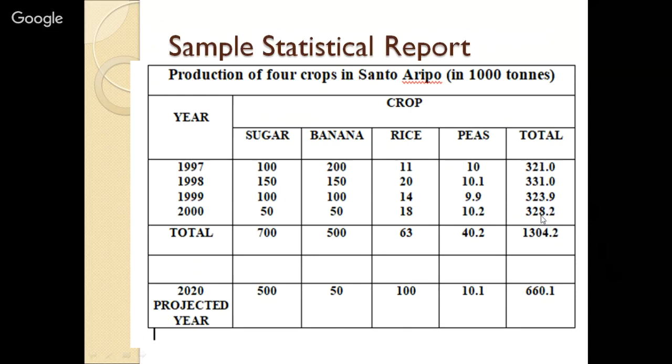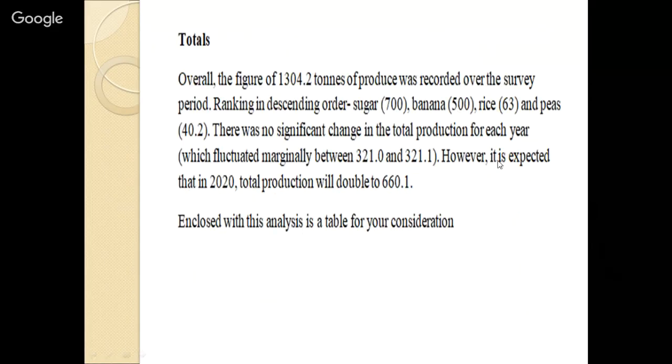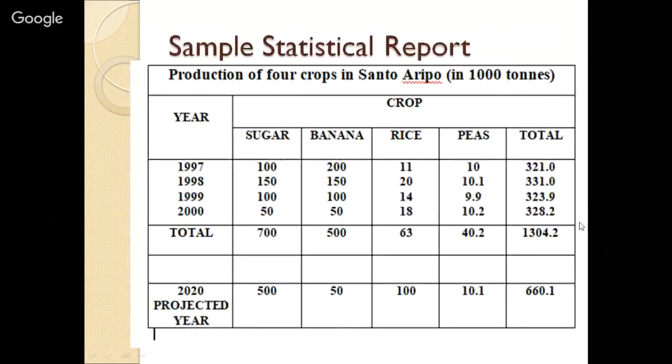Basically 0 to 10 category. However, it is expected that in the projected year, the total production will double. And just to explain to you here, but in this year, this is this.